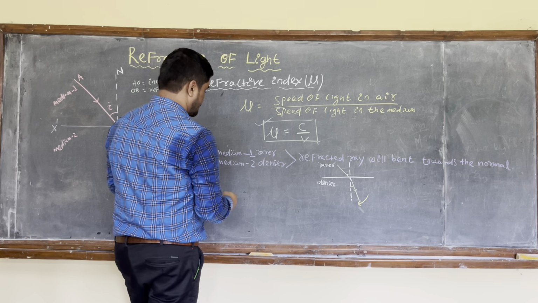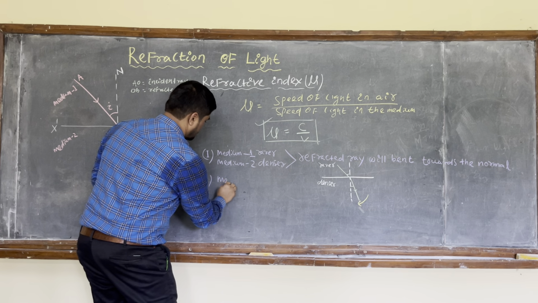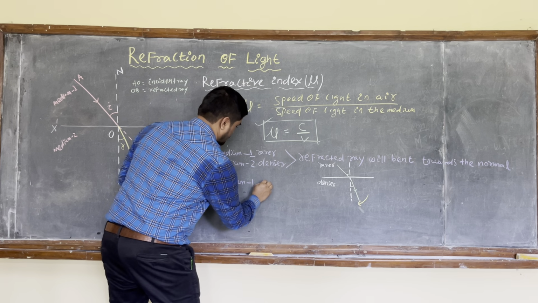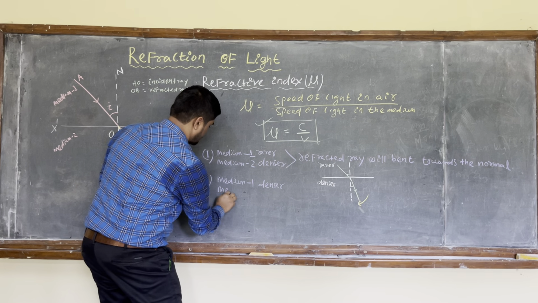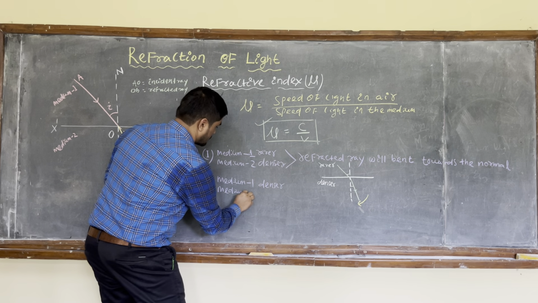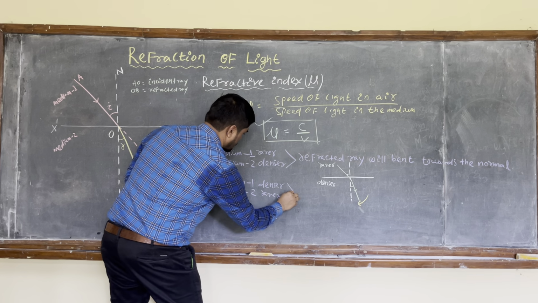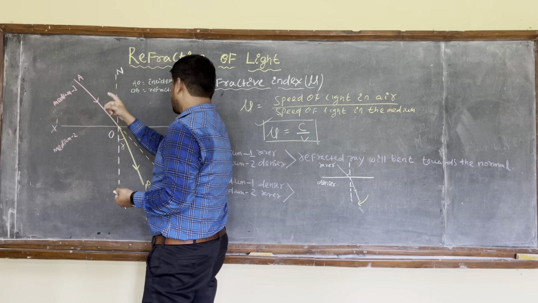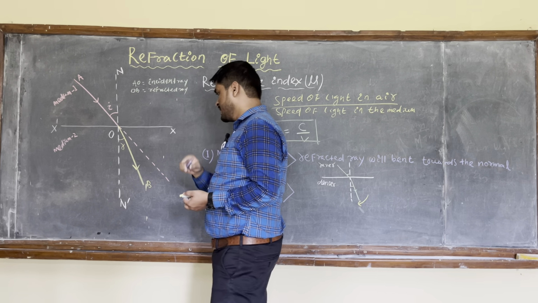And another case: if medium 1 is denser and medium 2 is rarer. That means the ray of light travels from a denser medium to a rarer medium.